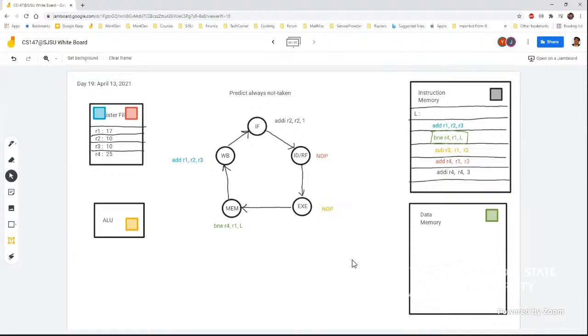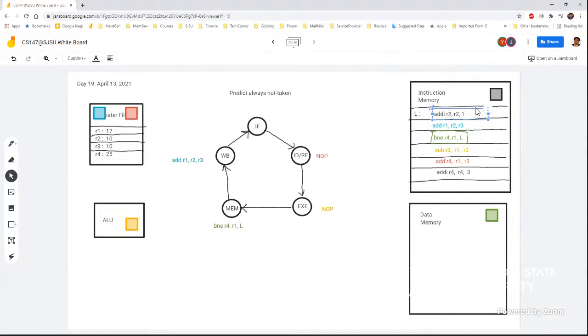This is what injecting a bubble into the pipeline means. You replace that with a no operation, so it will not do anything from that point onwards. The corresponding resources will be inactive, so that it follows the right track of the program execution.